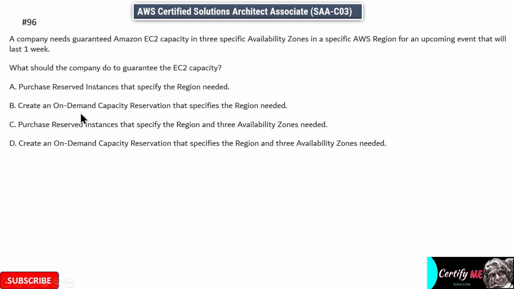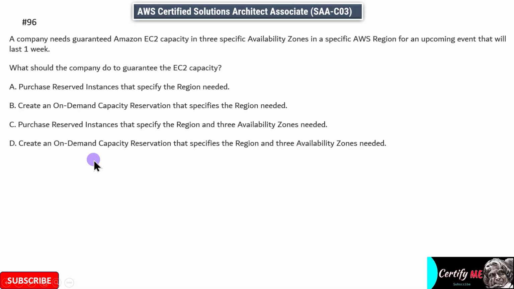Option B. Create an On-Demand Capacity Reservation that specifies the Region needed. Option C. Purchase Reserved Instances that specify the Region and three Availability Zones needed. Option D. Create an On-Demand Capacity Reservation that specifies the Region and three Availability Zones needed.